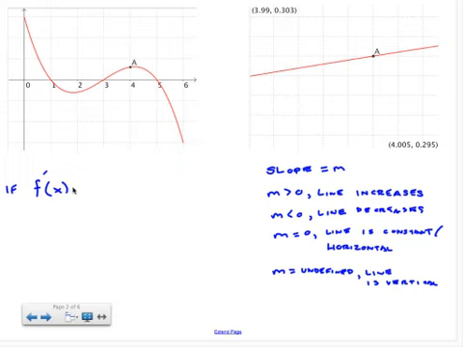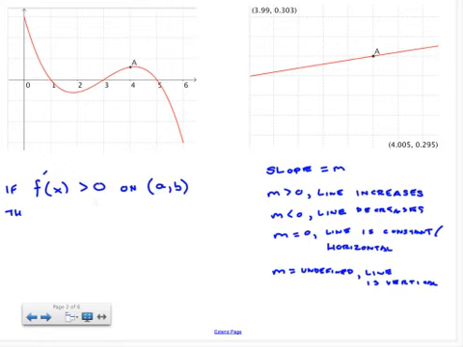So if f prime of x is positive, now positive on an interval, so it's got to be an open interval because we can't have closed interval because no slope happens at endpoints, okay? But if our slopes are positive on this interval, then that means when we zoom in on the curve, we'll look like lines with positive slopes, which means I should be increasing, okay?